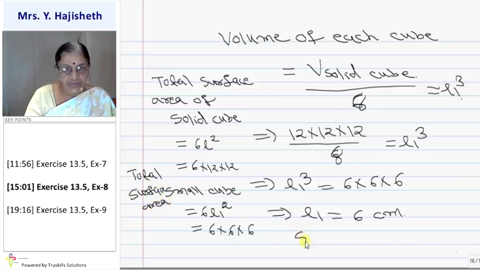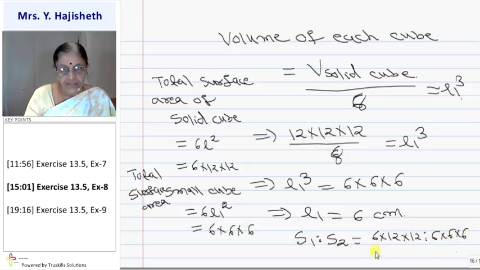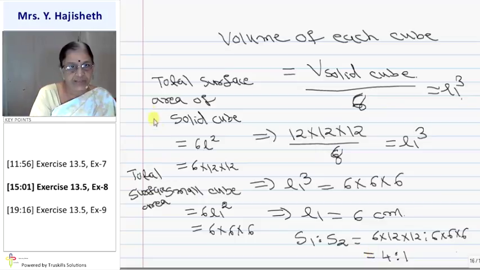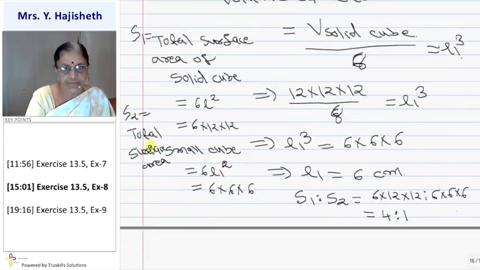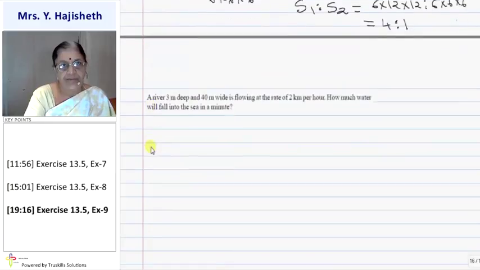So what is S1 is to S2? Is 6 into 12 into 12 is to 6 into 6 into 6. So it is 4 is to 1, okay? 4 is to 1. So this is suppose my S1 and this is suppose my S2. So S1 is to S2 is 4 is to 1. Clear? Now next sum.